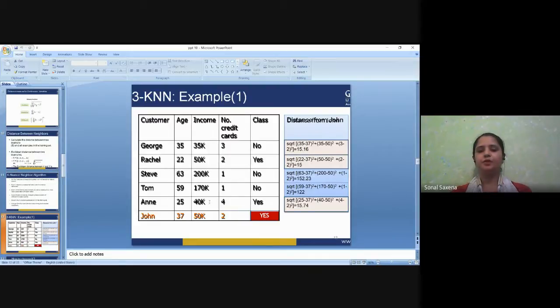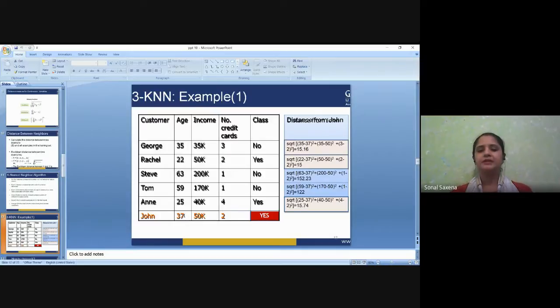Using this, I am going to find out the pattern, the distances from John. How am I going to count the distances? Suppose I consider this particular column, the age feature. This is the attribute or the feature that I'm considering. If I want to find out the age distance for John, how would I do that?